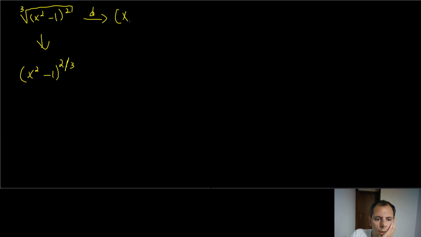So this will be 2/3 times x squared minus 1, and then you got 2/3 minus 1, that's going to be minus 1/3, times the derivative of this, which is just 2x.